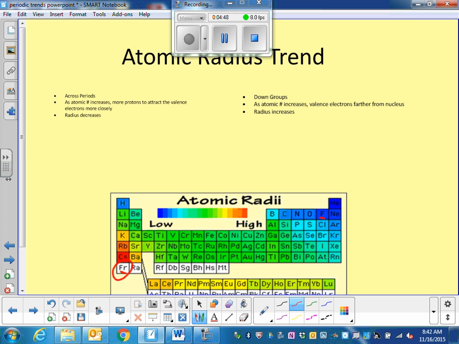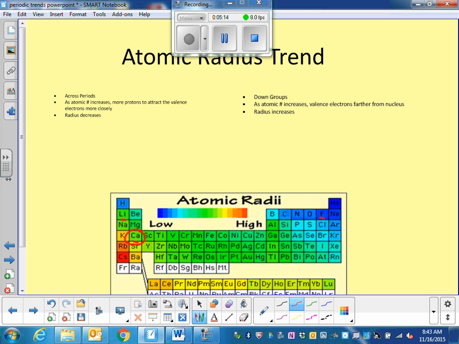Moving on. Jessie Lee, lithium and calcium. Here is lithium, here is calcium. Which do you think has a larger radius? Going down, calcium will be three circles, right? Much larger because of the added circles. Does that make sense?